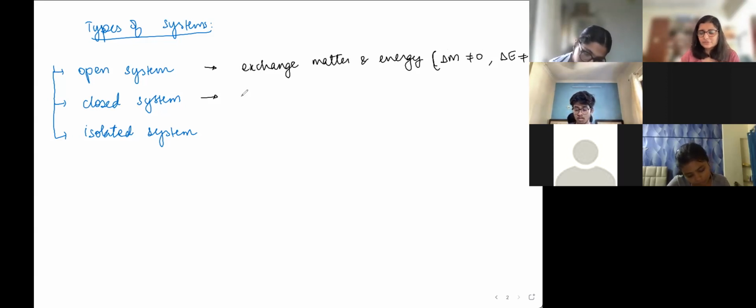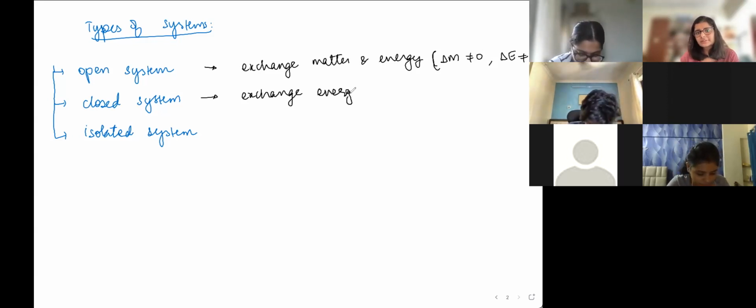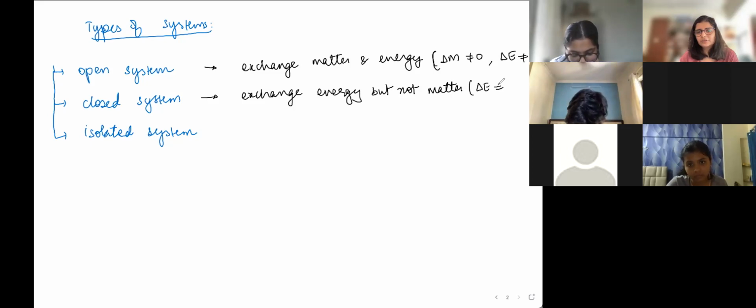And in the case of a closed system, you can exchange energy but not matter. So since you exchange energy, delta E will not be equal to 0, but you cannot exchange matter, so delta M will always be equal to 0. Change in matter, matter is not changed. You can't add, you can't subtract, so delta M will be equal to 0.